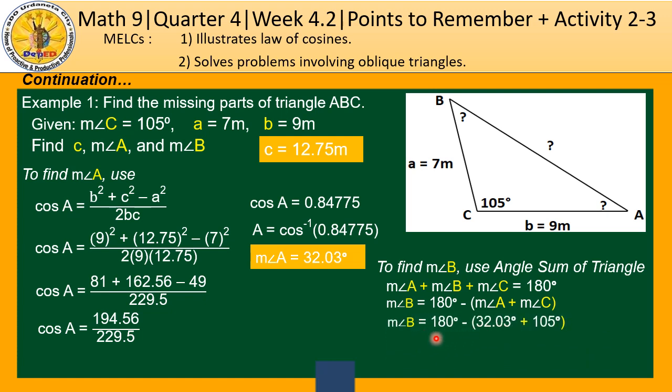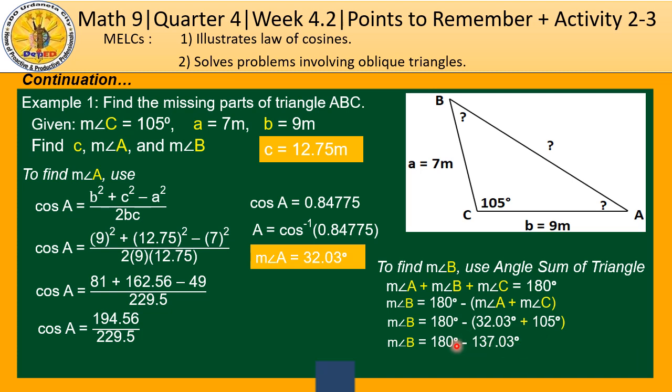So 180 degrees minus the quantity of 32.03 degrees plus 105. Adding these, the result is 137.03 degrees.